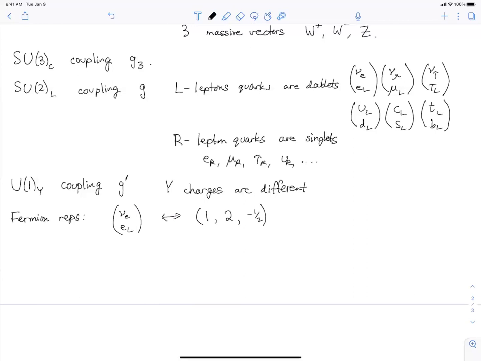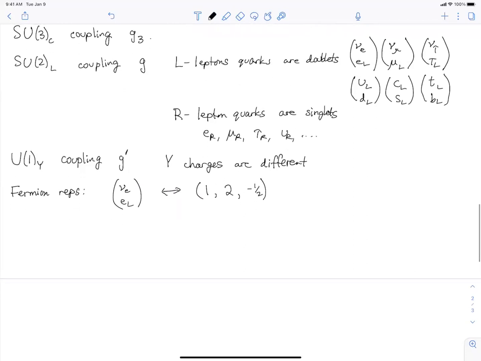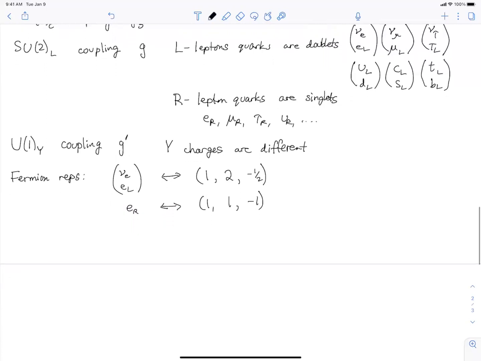These values are experimentally determined, of course. The same goes for the muon and the tau. For e right, that's a singlet under color, also a singlet under weak isospin, and it has weak hypercharge minus 1.